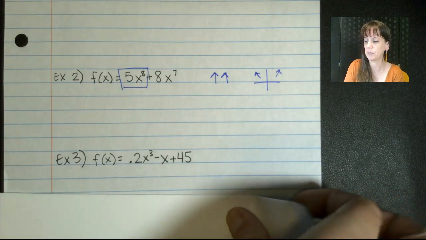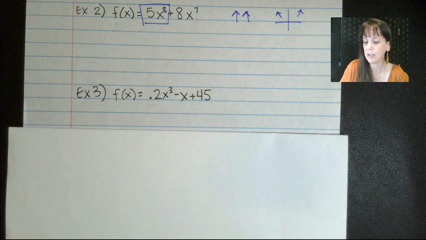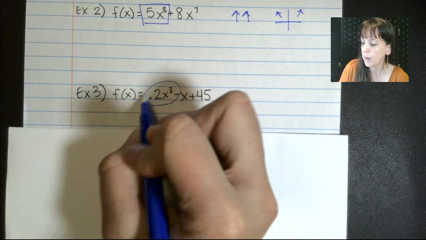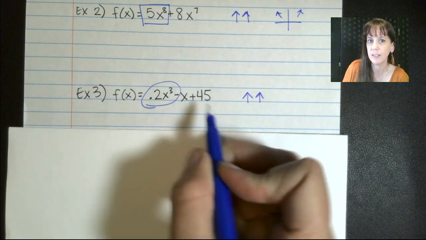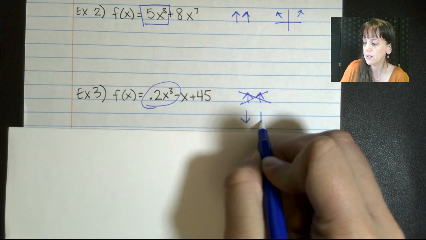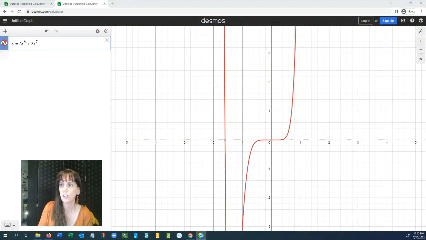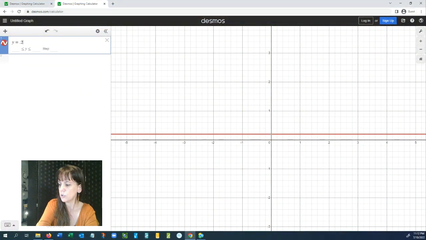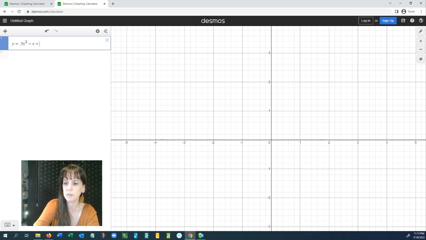Okay, let's look at example number 3. 2/10 x to the 3rd minus x plus 45. Looking at this guy, the coefficient is positive, so it's going to go up, up, and then our exponent is odd, so we need to switch this first one. So it's going to go down, up. Let's type that in here and see what that looks like. 0.2 x to the 3rd minus x plus 45.